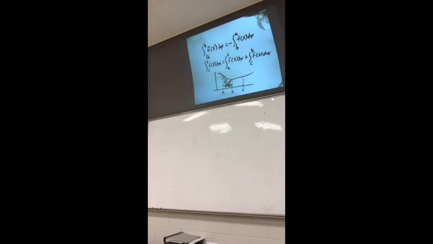Watch what I said just a second. This area here would equal the entire area minus this area. If you had both of those, why would you do that? Just watch. I'm just illustrating a property right now.